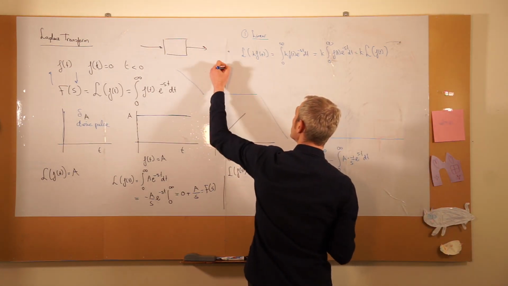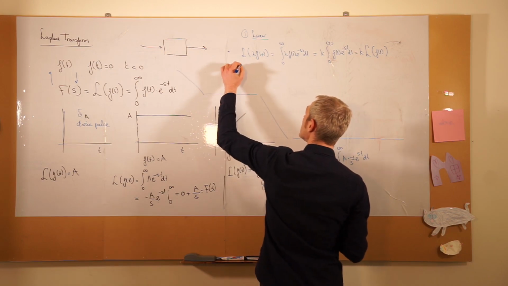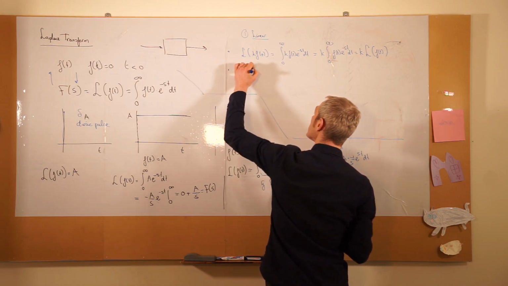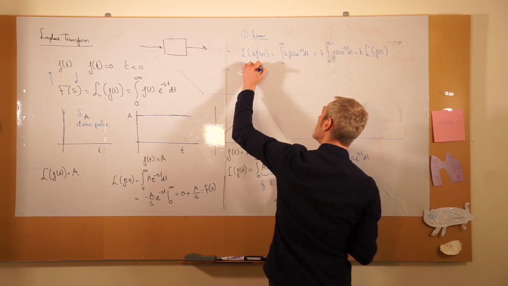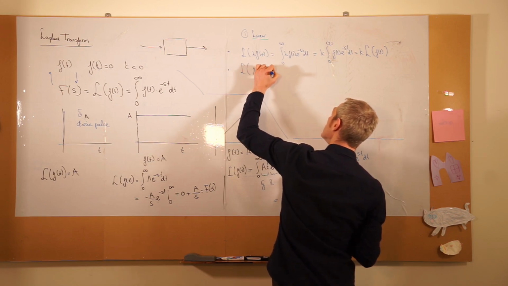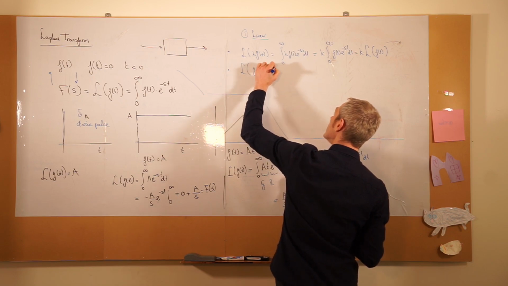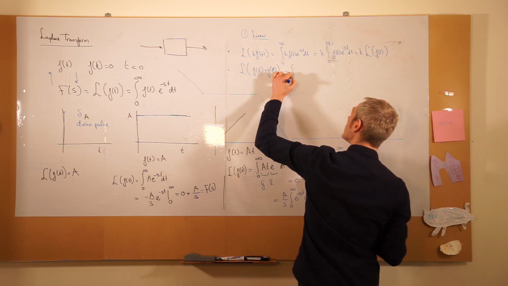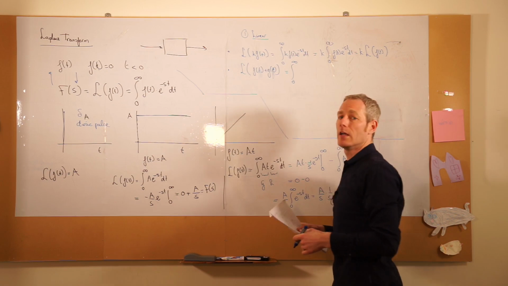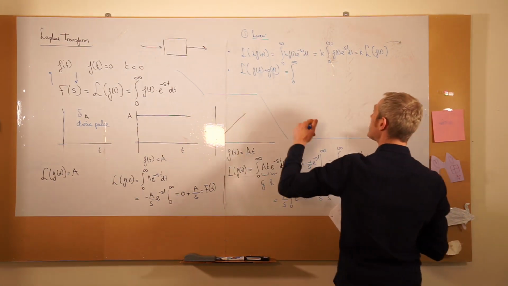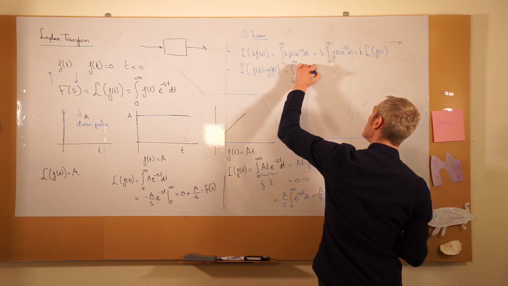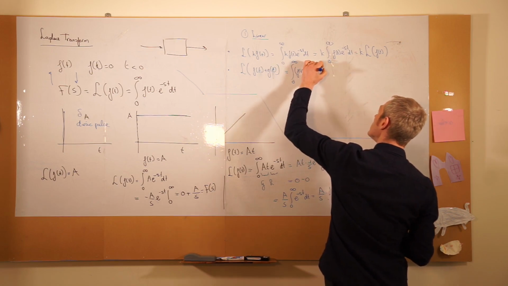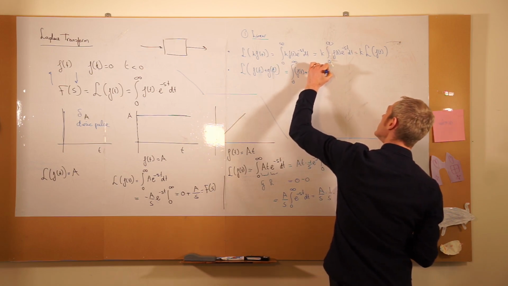That is the first one. And the second one is that if I take the Laplace transform of a function f plus a function g of t, I can write that out as the integral again, f(t) plus g(t) times e to the power of minus st dt.